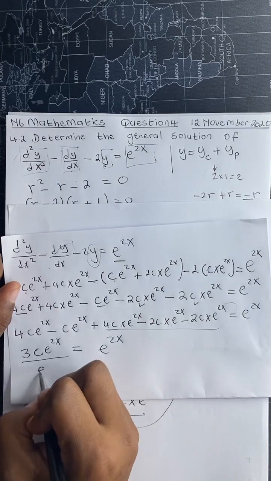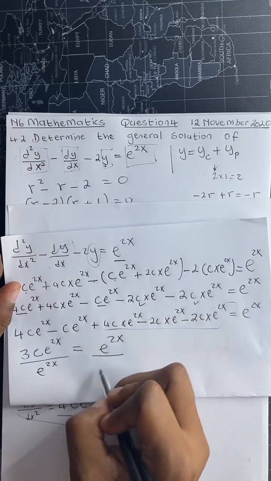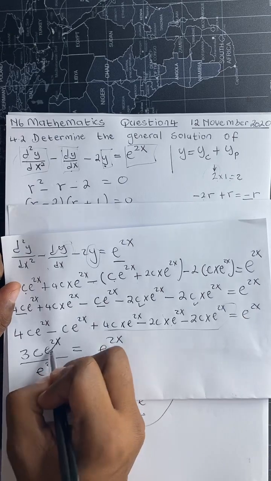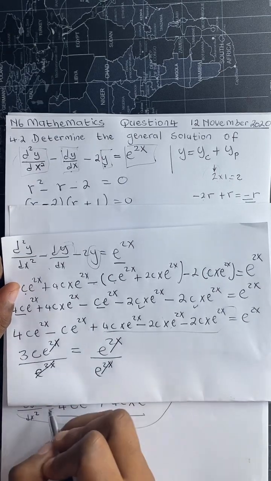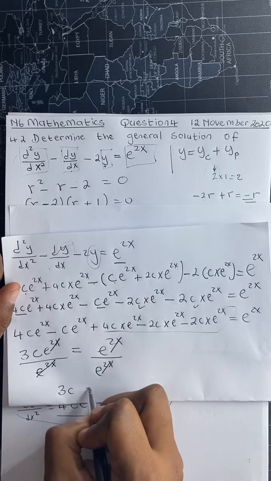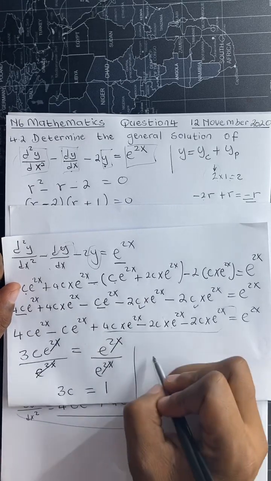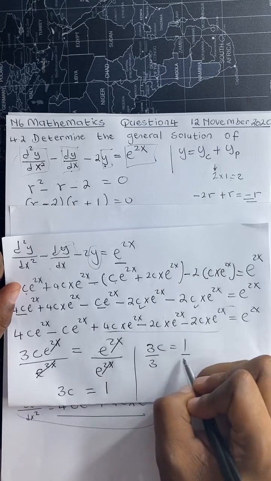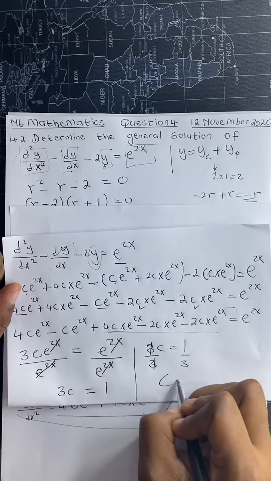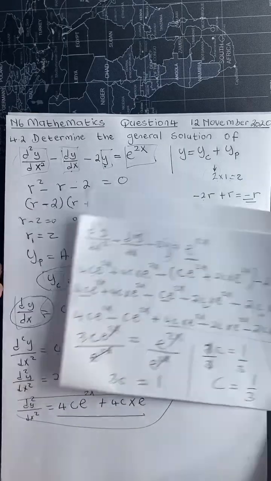So we divide throughout by the e to the power 2x, and that e to the power 2x will cancel out with that, and that will also cancel with that. So 3c is equal to 1. So our c will be equal to 1 over 3.